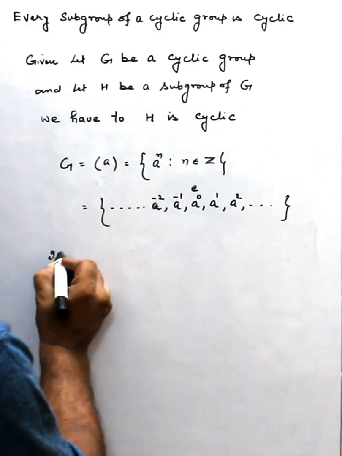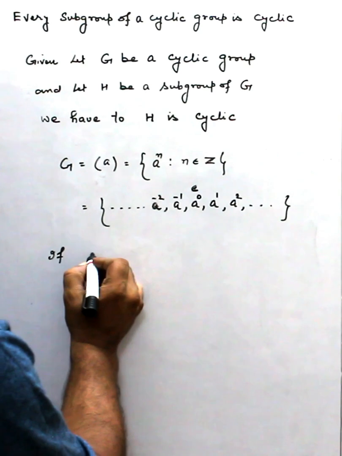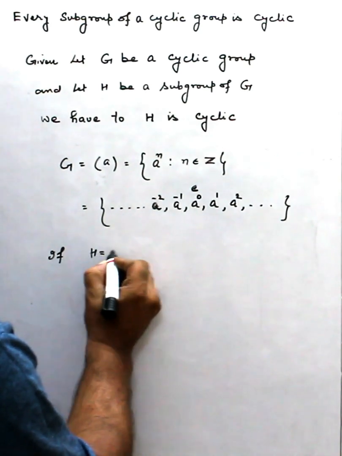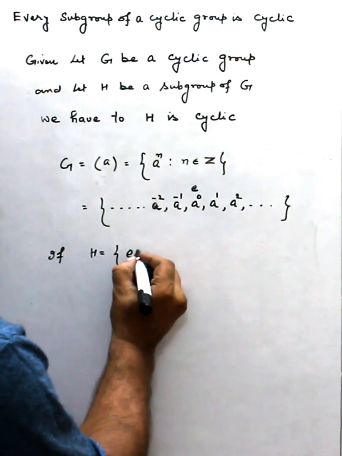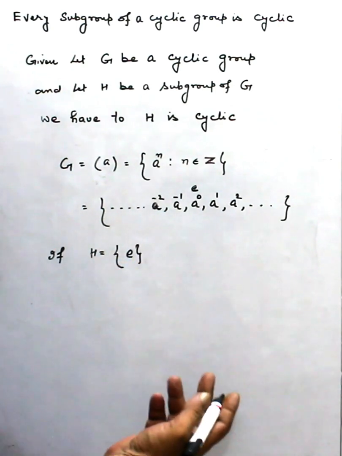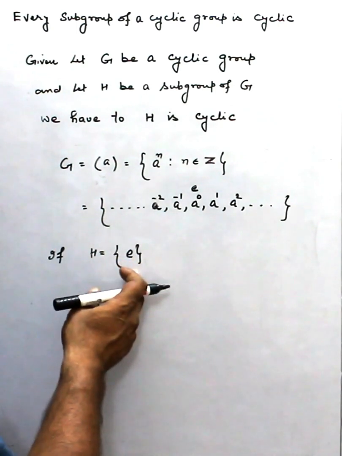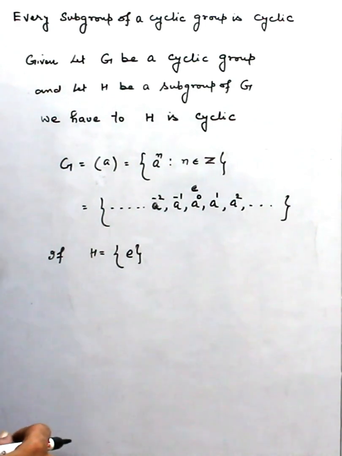If H is equal to {e}, then obviously it is a cyclic group.